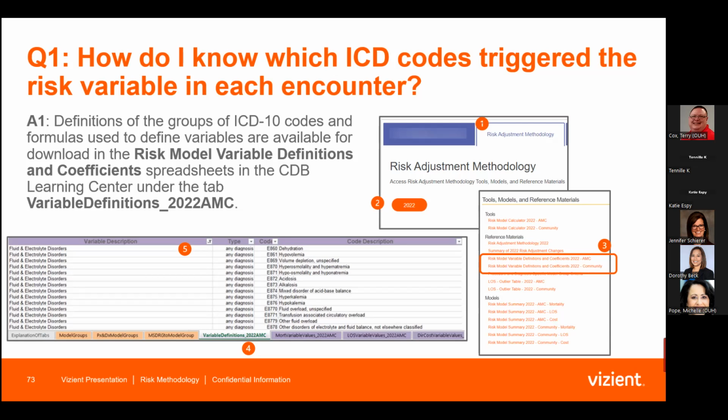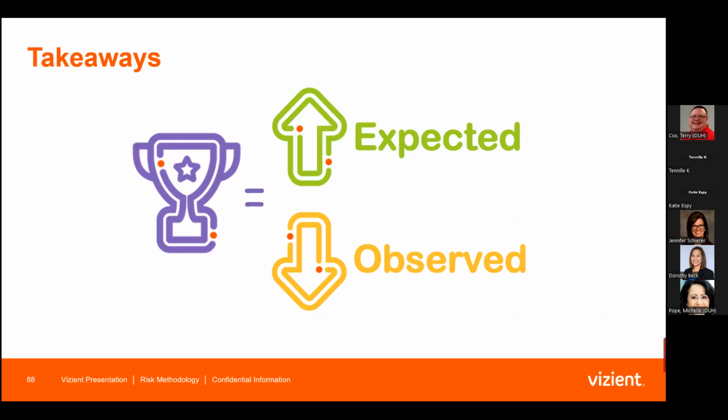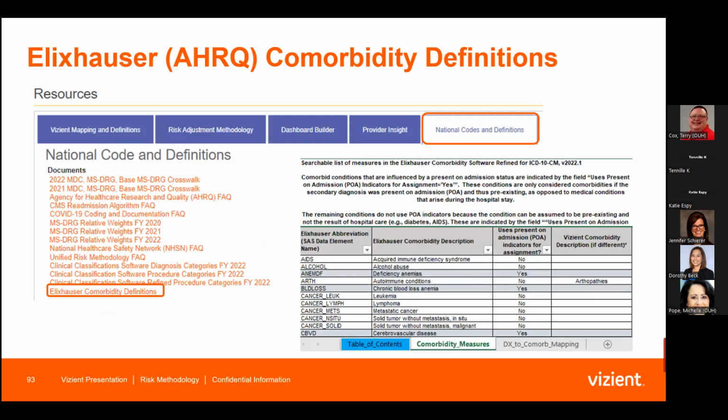Actually, I think that's also an Excel document, but that's where you'll see the Elixhauser definitions. So from your coder's perspective in the calculator, if they're using one of the mean stratified models and need to know how many ARC codes were present for the patient, they can source that definition document as well. It lives outside of the Vizient risk modeling. And this is how you get to it: national codes and definitions, and Elixhauser comorbidity definitions. We update that when Elixhauser does their updates too.